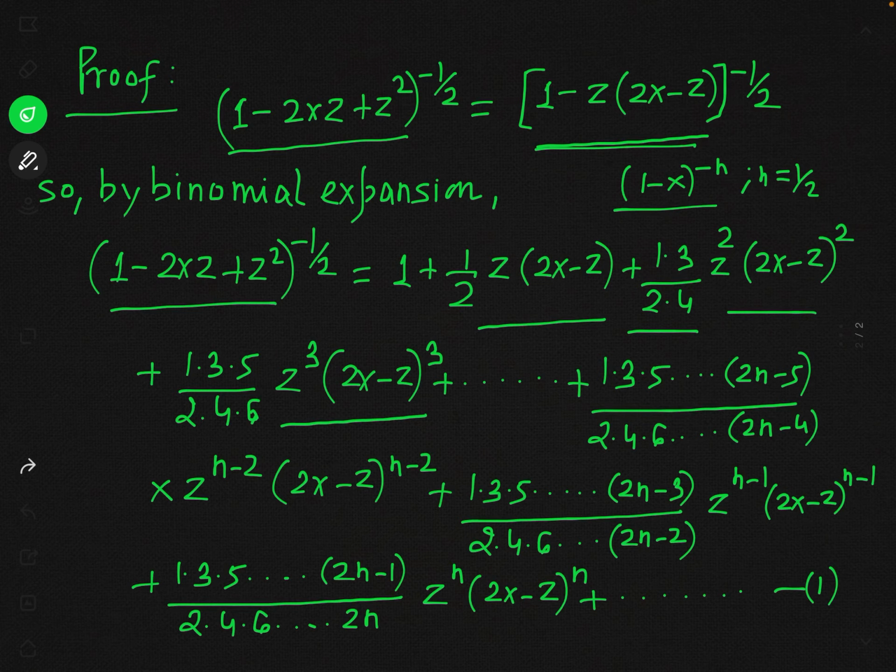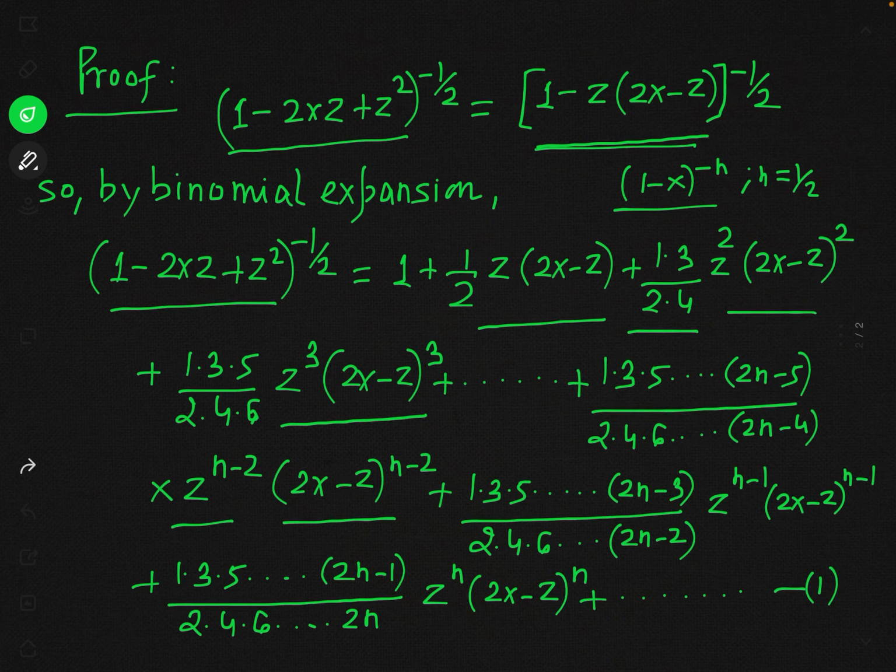And similarly you can write the higher order terms: 1 into 3 into 5 up to 2n minus 5 over 2 into 4 into 6 up to 2n minus 4 into z to the power n minus 2 into 2x minus z to the power n minus 2.